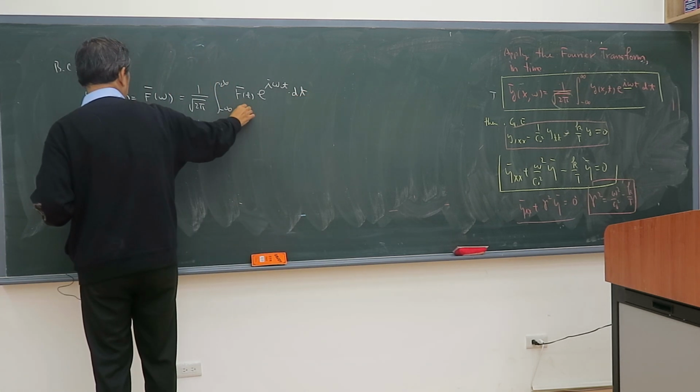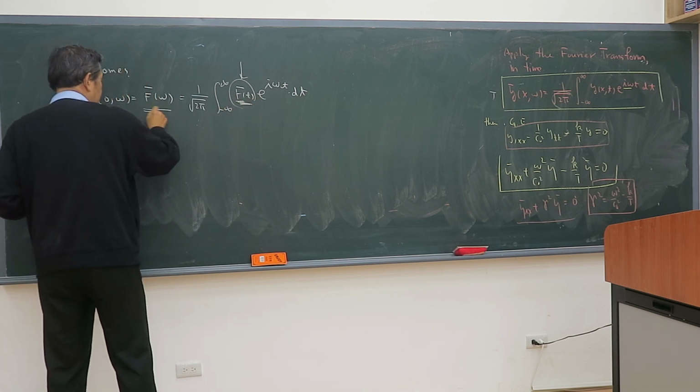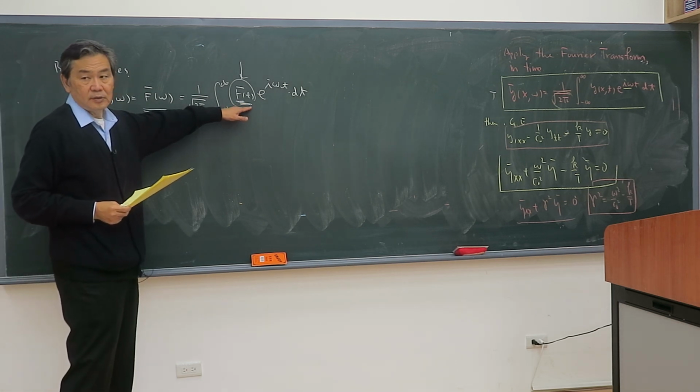For any given form, you can do this and get the transform f bar. For any given, you just do it.